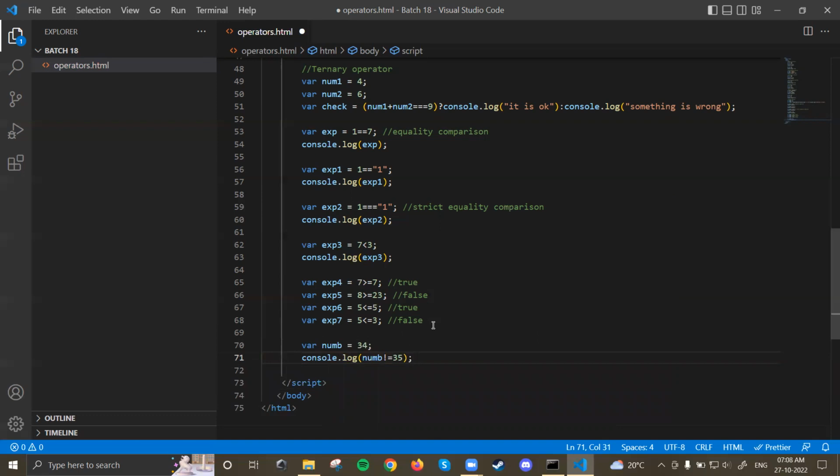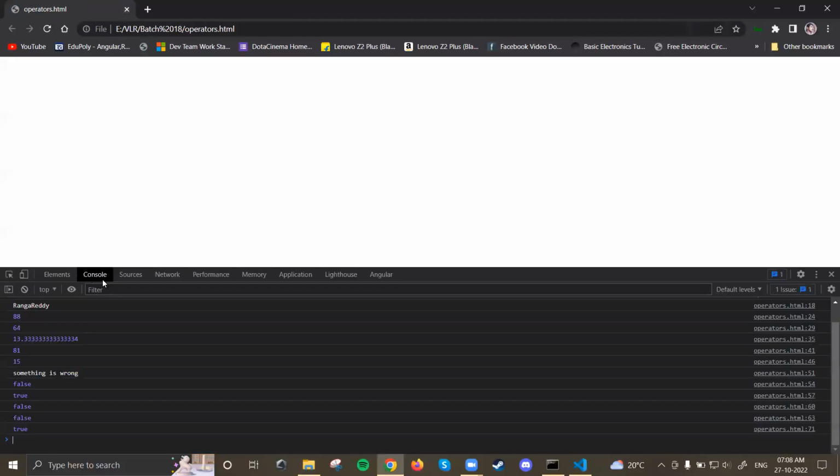Number not equal to 35. Is this true or false? Yeah, true. It's true, isn't it? Because the number is not equal to 35. Let's check this. Yeah, we can see here we got true.